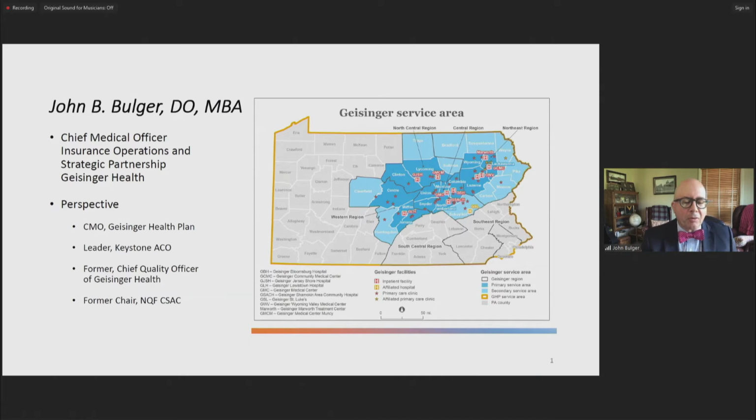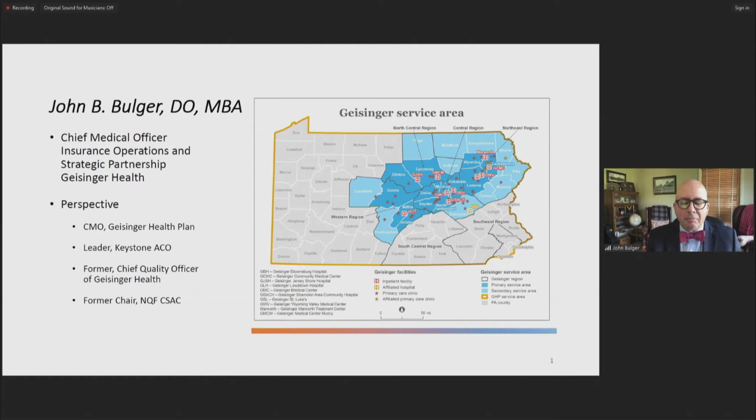I also play a role, and that's part of the long title, within our clinical enterprise, and I help lead our ACO. So I work with performance measurement and quality measures a lot in what we're reporting with the ACO and several other CMS demonstration projects, total cost of care projects.